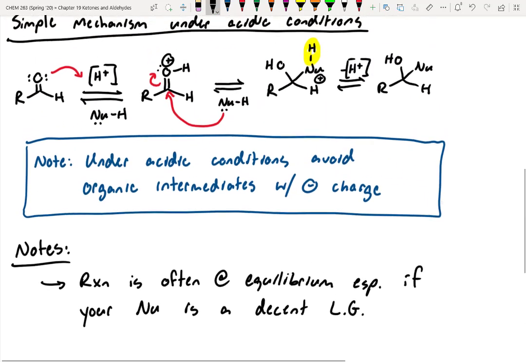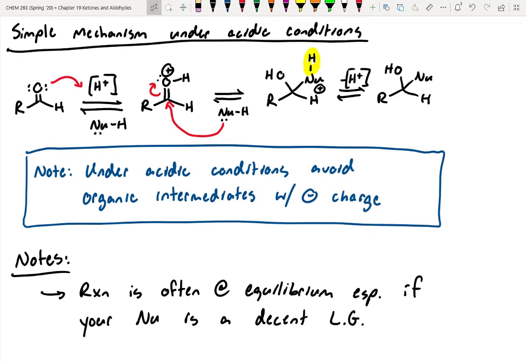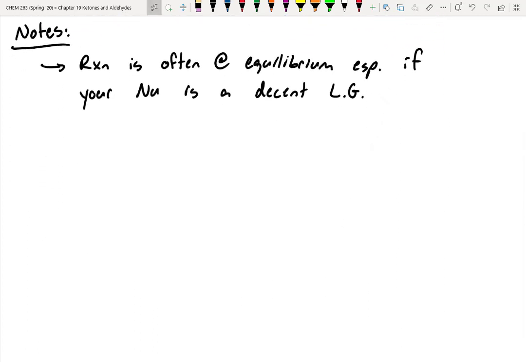So let's take a look at the acidic conditions. So what I mean is let's focus in on this and figure out how it might be reversible, right? In this step, if our nucleophile is a good leaving group, we could just kick it right back off and go in the reverse direction. So really it depends on how easy it is to kick off the nucleophile during one of these intermediate steps.